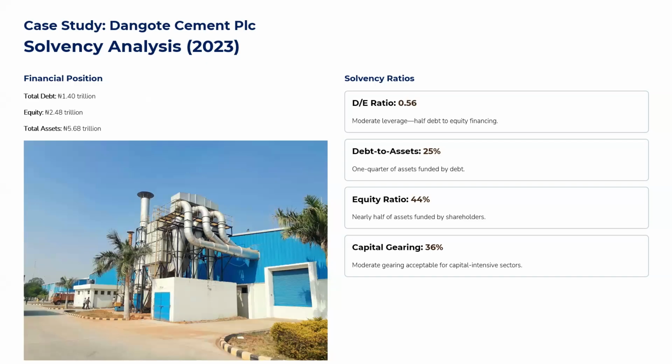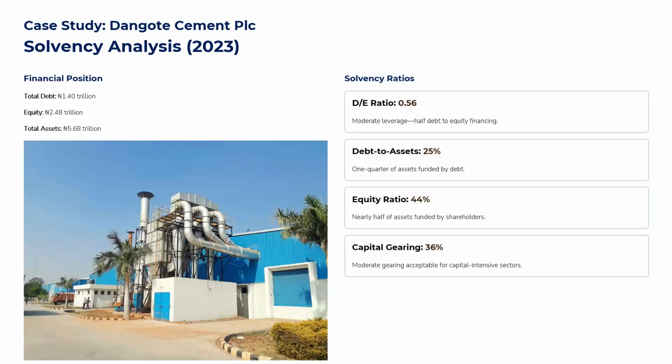For the equity ratio, on the other hand, you are comparing the equity to total assets. So that's 2.48 divided by 5.68, which gives us 44%.